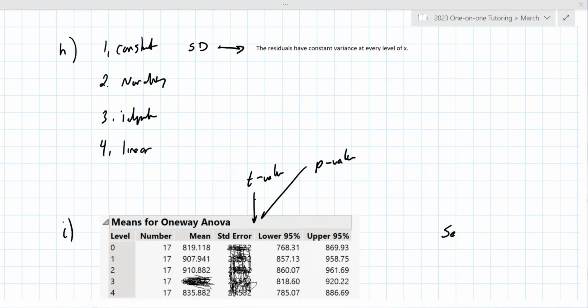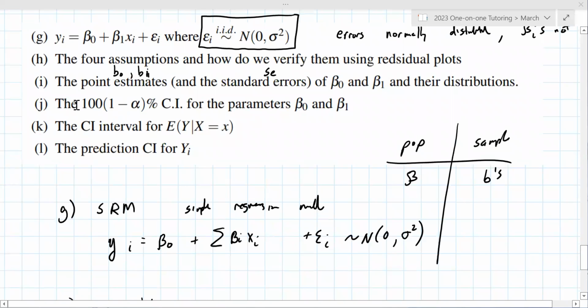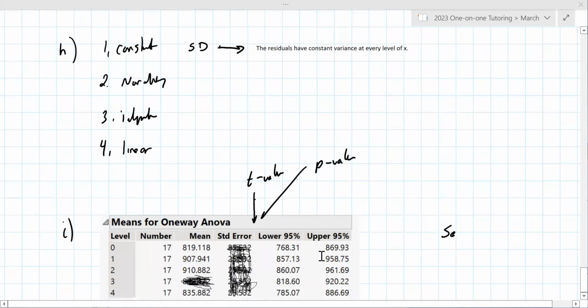So the next one here is the confidence interval for the parameters B0 and B1. I think that's just going to be given in the table. I know how to calculate that.